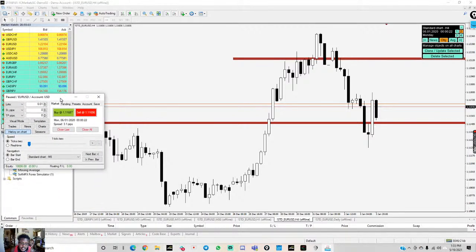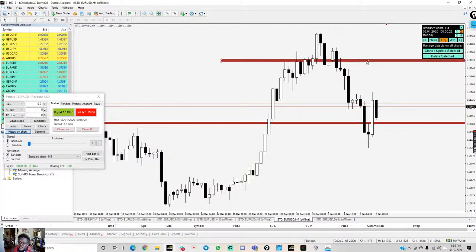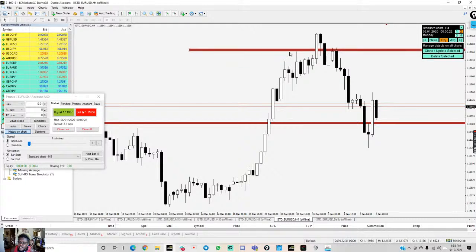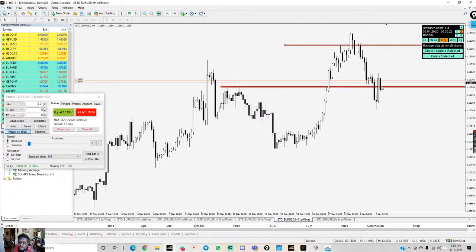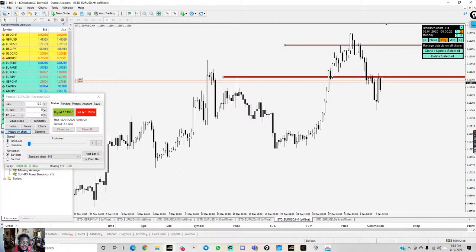Alright, so what you can also do is to just make adjustment to your zone. So we have an H4 resistance here. Alright, and we also have an H4 resistance here as well. Support.